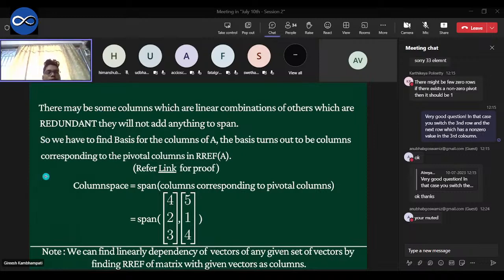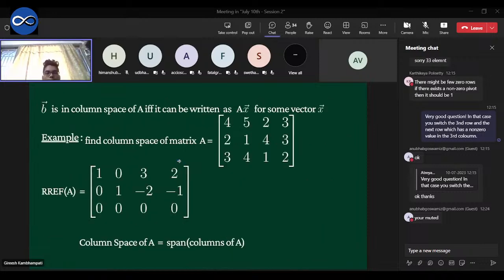By removing those columns, we can say that the basis turns out to be the columns corresponding to pivotal columns in RREF of A. Here the pivotal columns in RREF of A are the first and second columns. So the first and second columns turn out to be the basis of the column space.